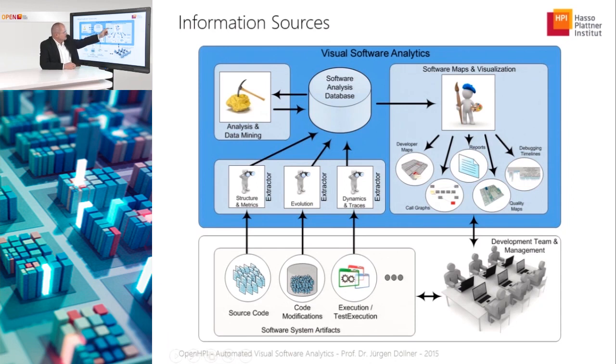Of course, these visualization means can be used by different stakeholders of software engineering projects, for example, developers, testers, system architects, or even managers. This is the overall workflow, and software maps are key visualization tools in this part when analytics results have to be interactively provided to different stakeholders.